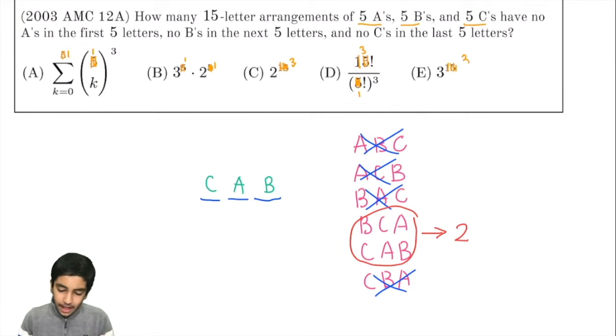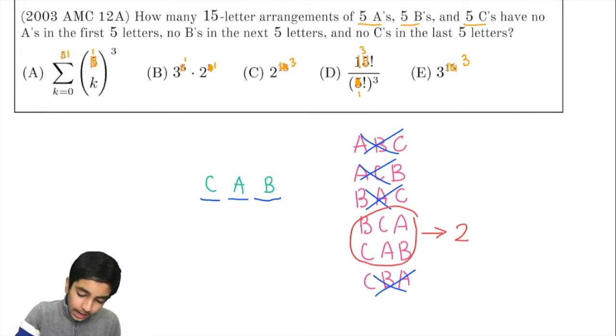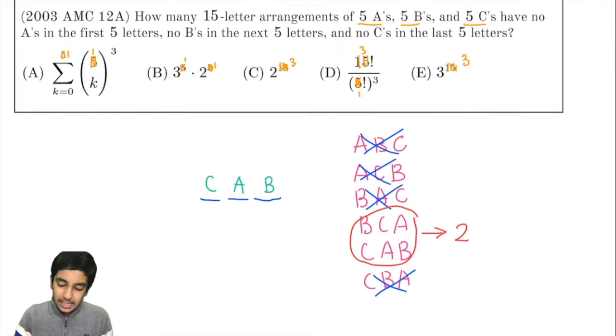Now we can see what the option choices would be if the problem was in terms of just one of each letter instead of 5. So now all we have to do is check which one of these 5 option choices is equal to 2.